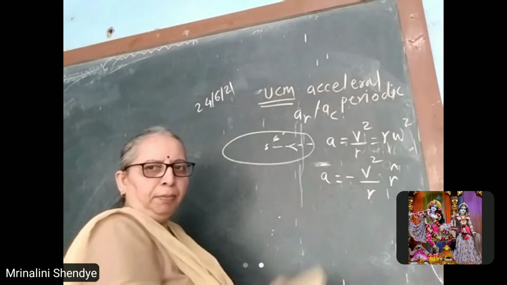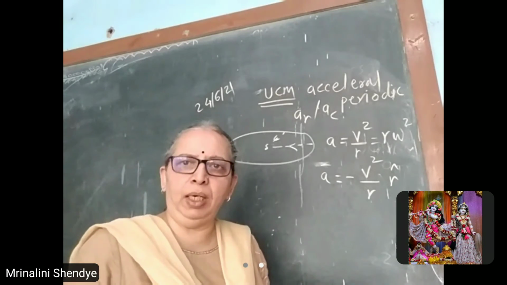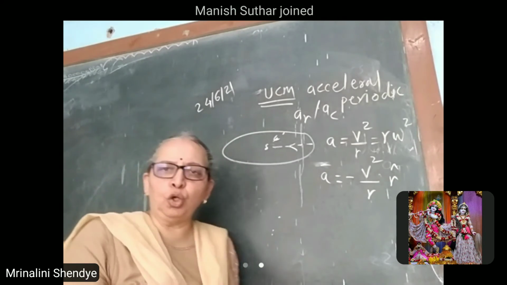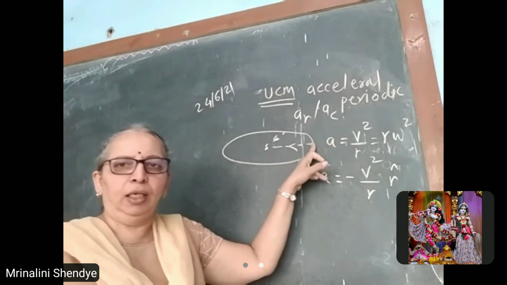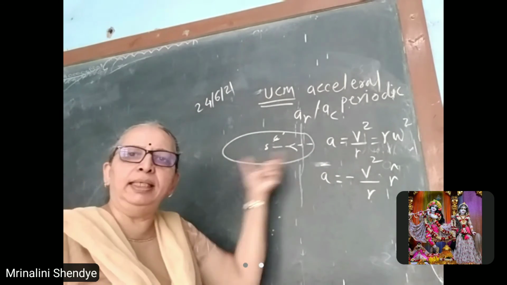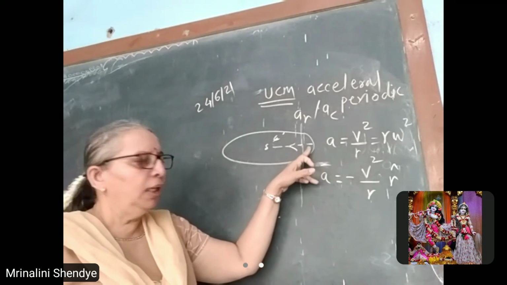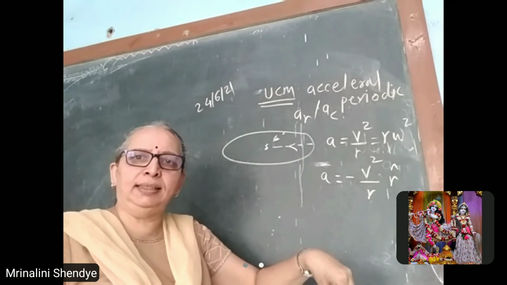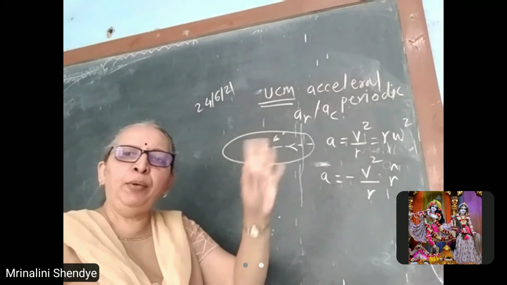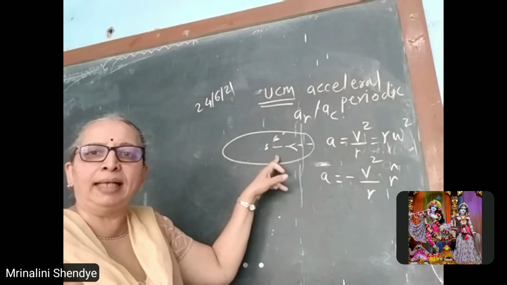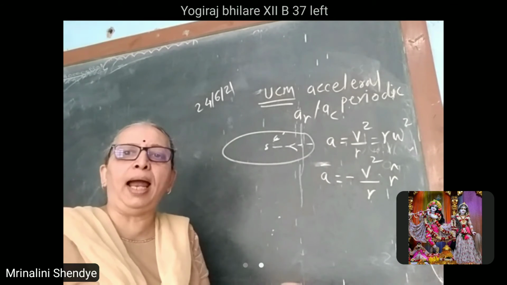ये यूसीएम में होता है. So this is for the observer observing this motion. जो ऑब्जर्व कर रहे हैं मोशन, उसको लगता है कि इस पार्टिकल को सेंटर सीकिंग एक्सीलरेशन है. But if you consider the point of view of the particle itself, the object performing circular motion, it never experiences such acceleration, and acceleration is only produced if force acts on it.